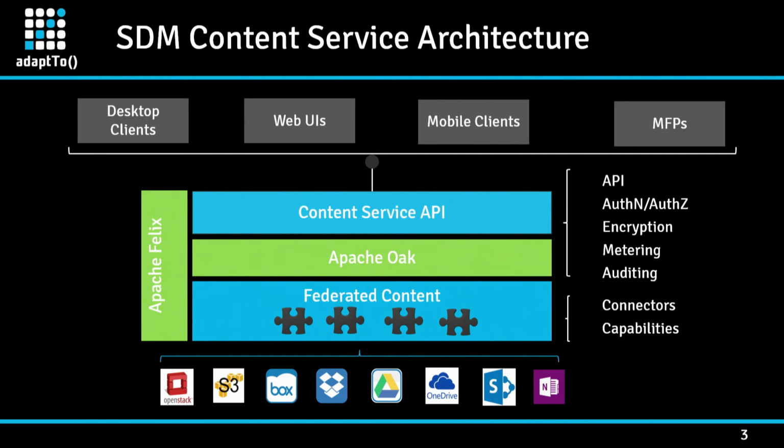We store all this content in the cloud, in cloud storage. And we have what we call two types of federated content. One we call internal, and the other external. External enables access to content stored in repositories such as Box, Dropbox, Google Drive, OneDrive, and others. I will go into some more details in the next slide.